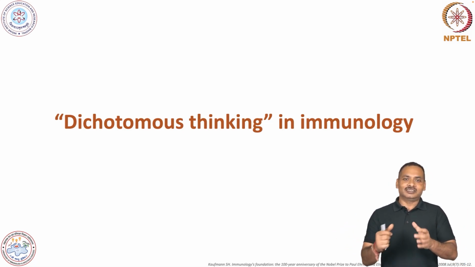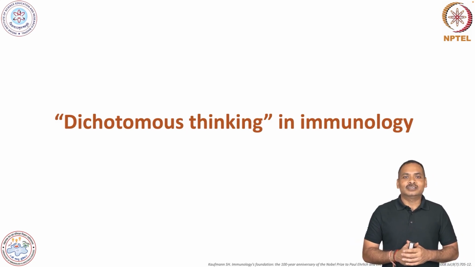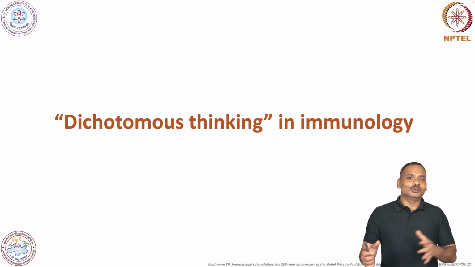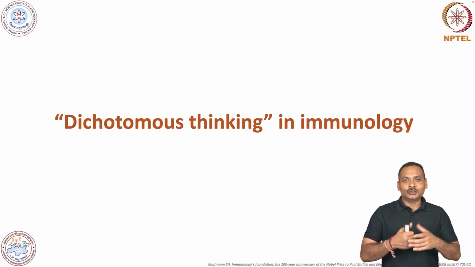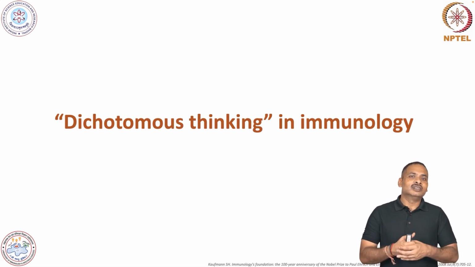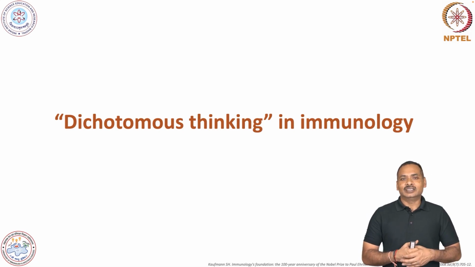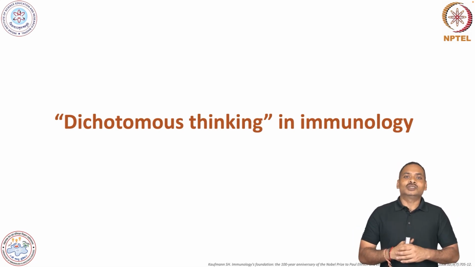that is giving the protection. So we call this dichotomous thinking, and both schools of thought were very much against each other. Okay, it's not that they would compromise at any cost. I will take you through those two schools of thought, and now you are also maybe aware that both theories were correct.